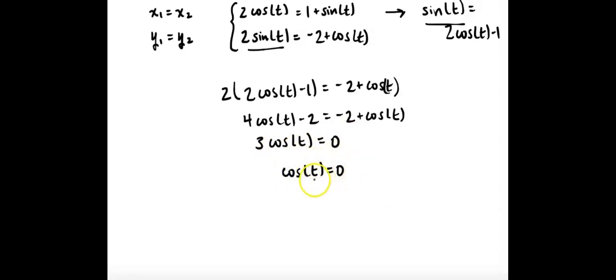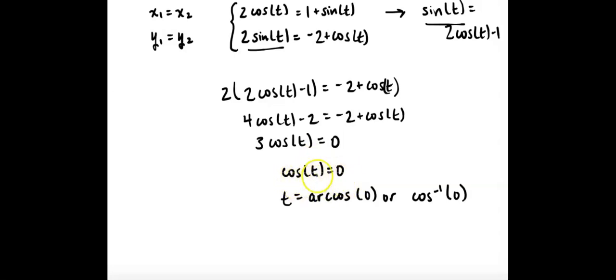Now this brings us back to the idea that t is equal to arc cosine of 0, or the inverse cosine of 0, but all that really means is that we want to know for what values of t, remembering that t is between 0 and 2 pi, gives us a cosine of 0.